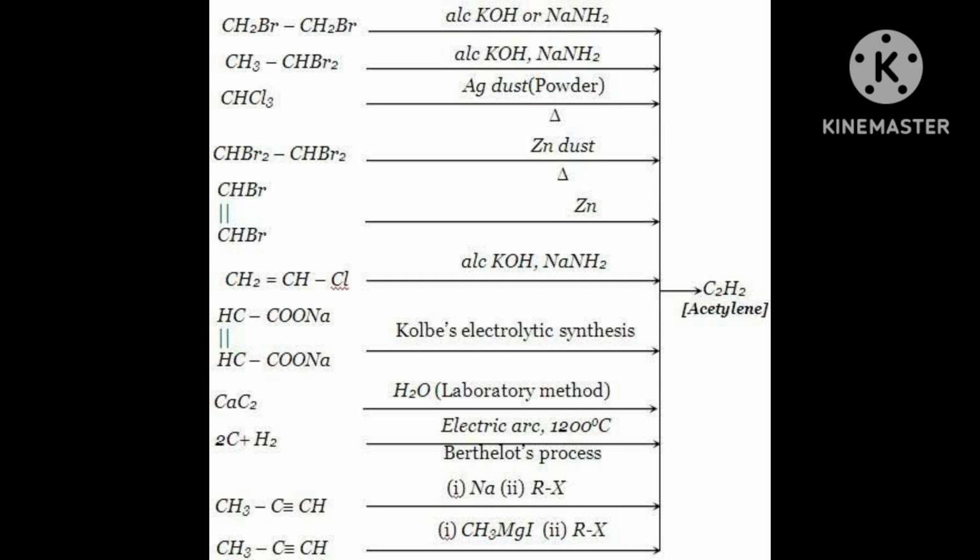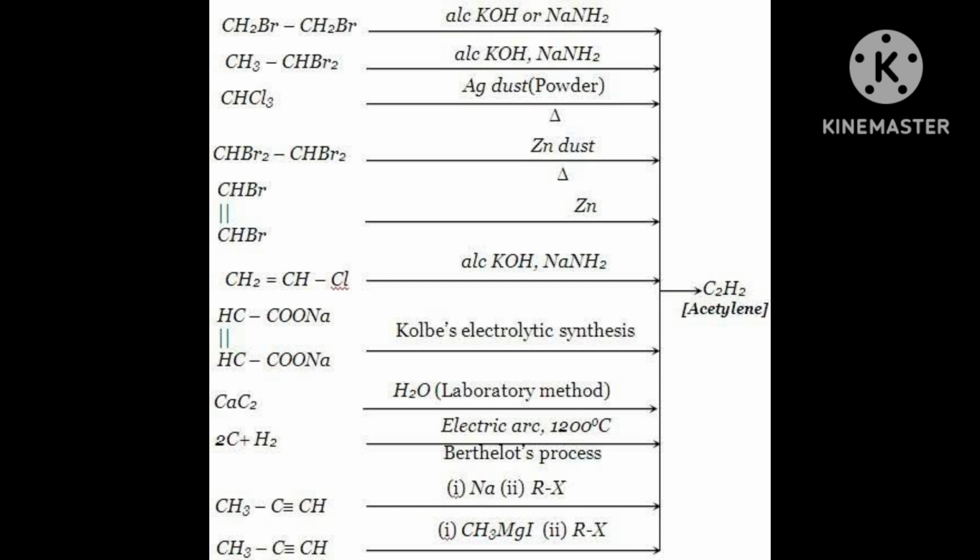Always the triple bond will be with carbon, not with H. You write HC, near the bond C should come, not first C and then H. Then both C will come close, then the triple bond will form. Hence it is the way to write HC triple bond CH.